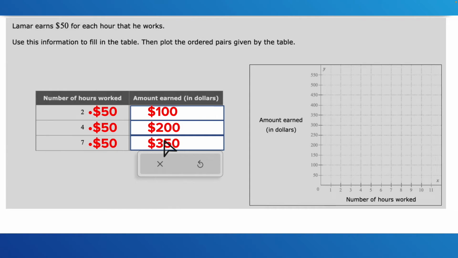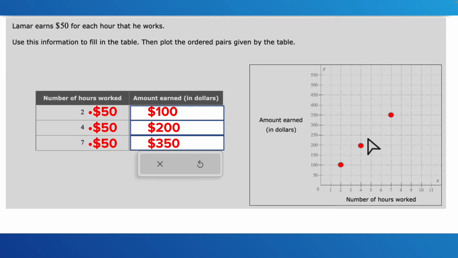Now we're just going to plot our ordered pairs. At 2 was 100, and then 4 was 200, and then 7 was 350. We just plot those, and we can see this linear pattern happening. I'm going up, up, up, and I can connect a line visually if I just pretend I can see it there.